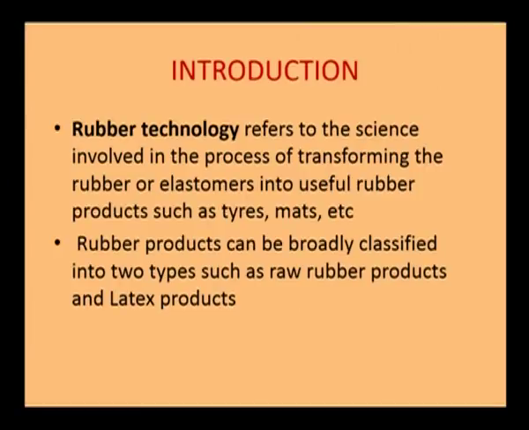Raw rubber products and latex products: raw rubber products are the raw rubber taken from the latex and used as such. Sometimes the raw rubber is so flexible and has low elasticity that it is used in some other material. But the latex products are vulcanized and cured and then used.